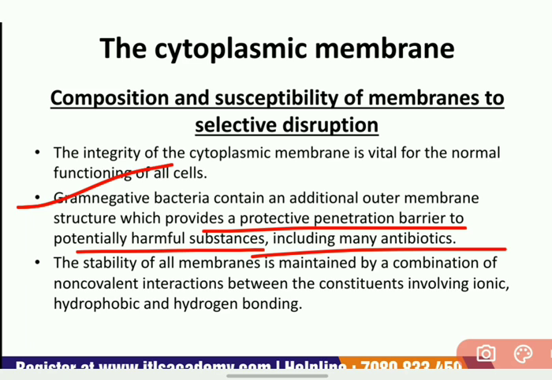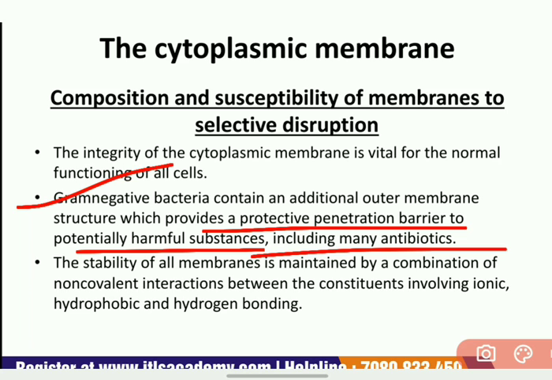The cytoplasmic membrane of gram-negative bacteria has an additional outer membrane that is known as the LPS membrane, or we can say lipopolysaccharide membrane. This provides a barrier for the penetration of harmful substances, even dyes.